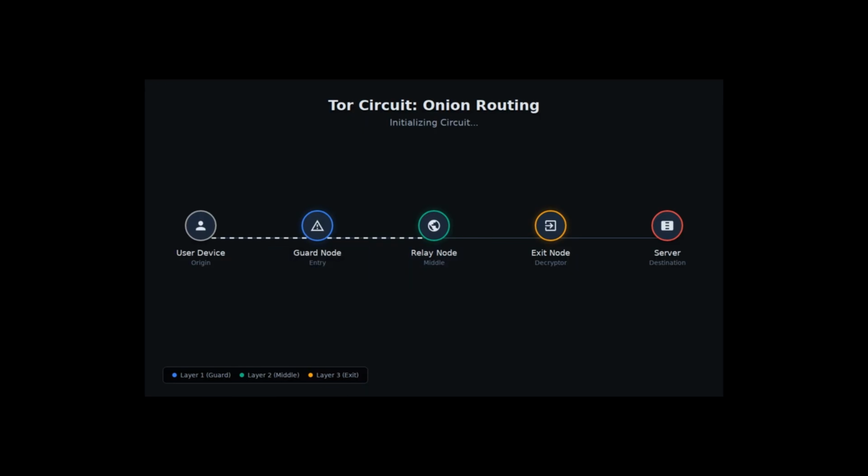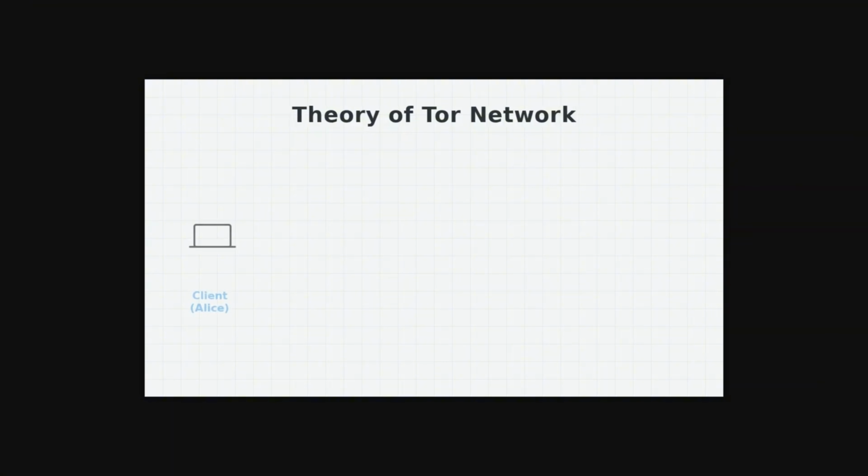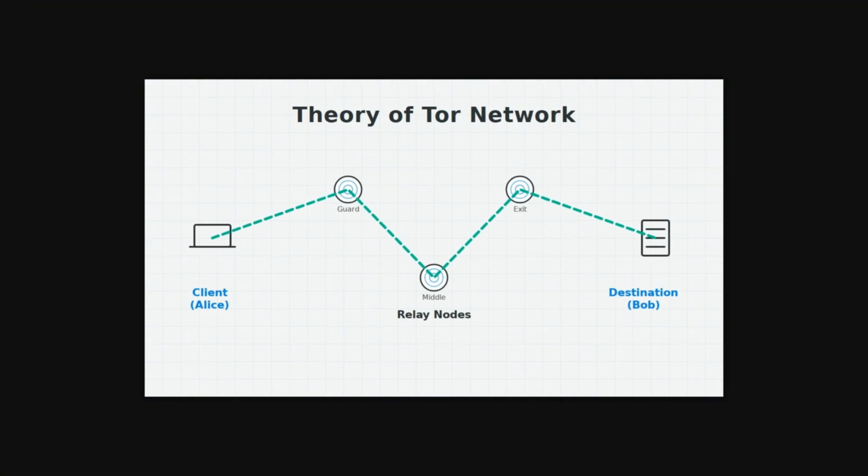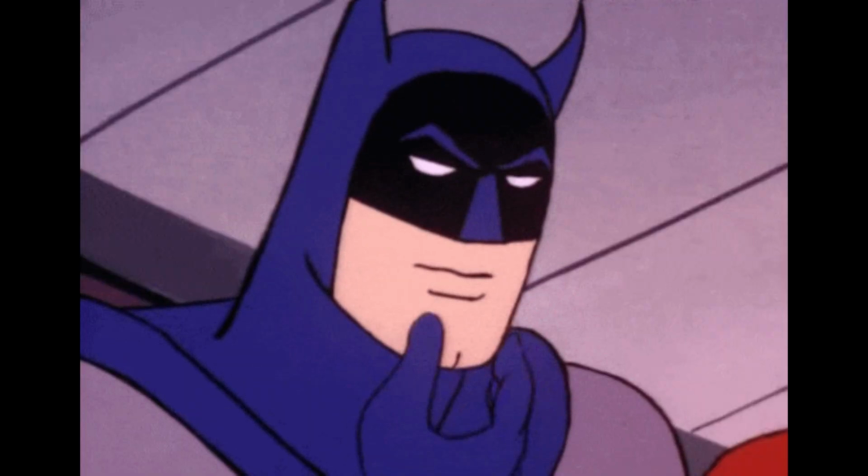Entry, middle, exit. None of them know the full path. Originally built for untraceable browsing. These days, it's used for both legitimate and shady purposes. Depends on who's using it, I guess. I'm still figuring out which side I'm on.